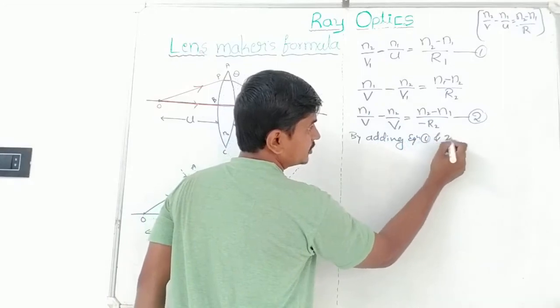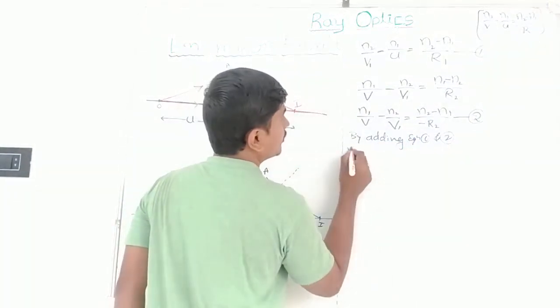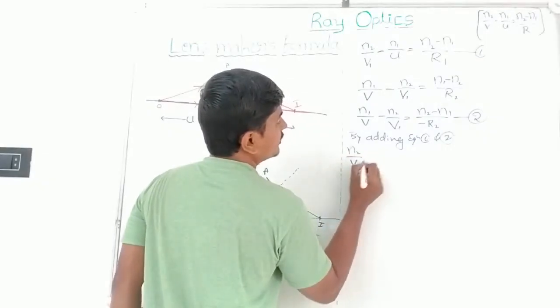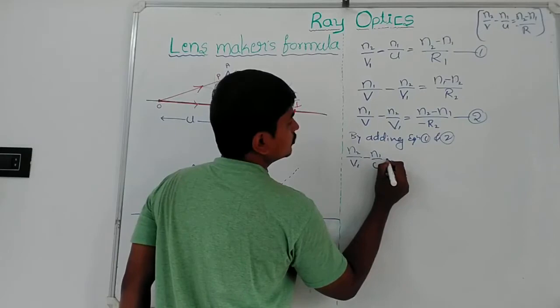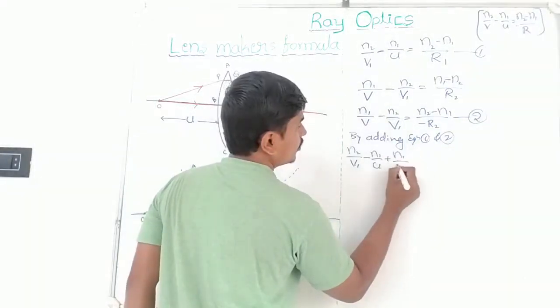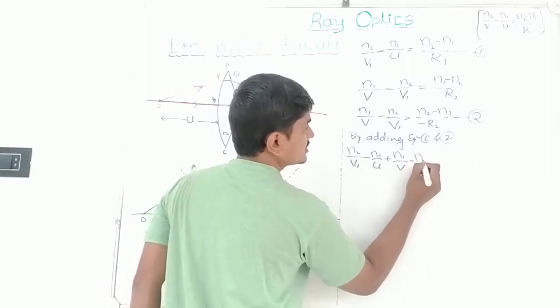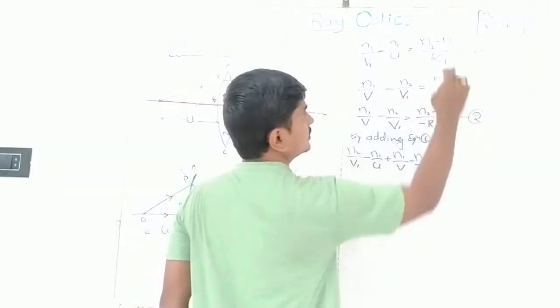adding equation 1 and 2, equation 1 is N2 by V1 minus N1 by U, plus N1 by V minus N2 by V1 is equal to the RHS.